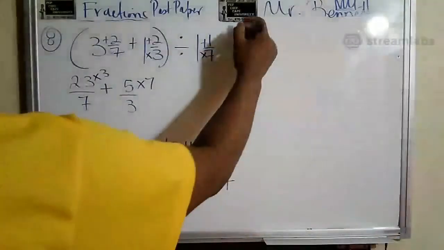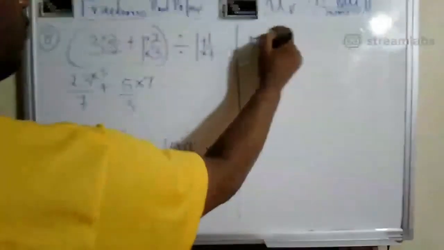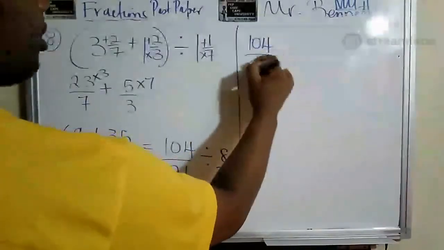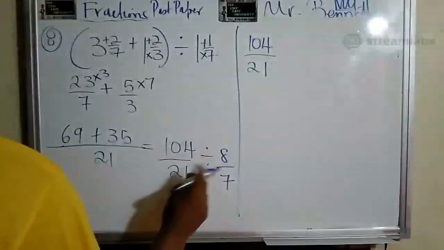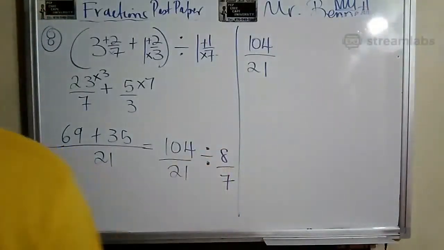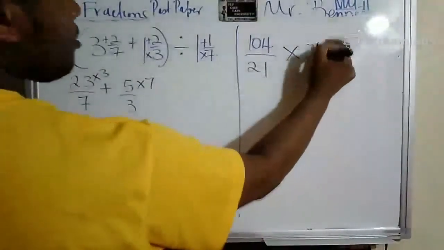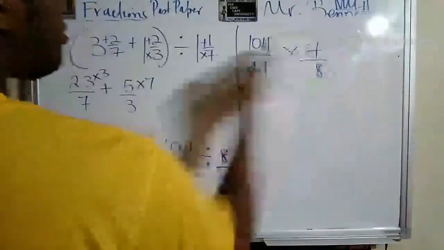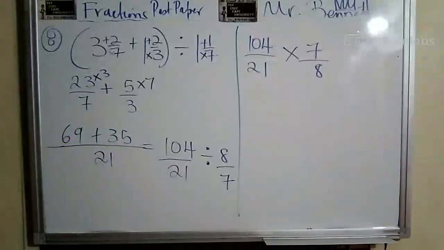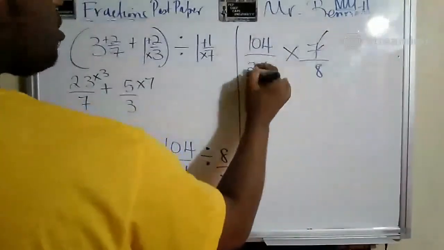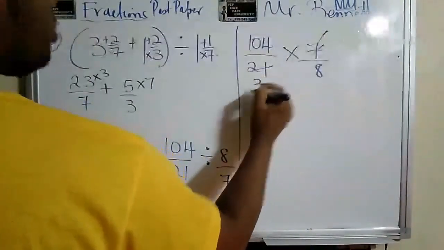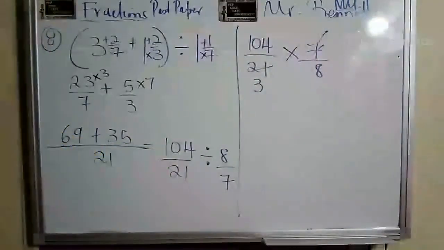Alright, so let's go now. So it's 104 upon 21. We change this to multiplication. We also invert 7 over 8. So now we can see what can cancel. So 7 to itself 1, 7 to 21, that's 3. Alright, can 8 go into 104?